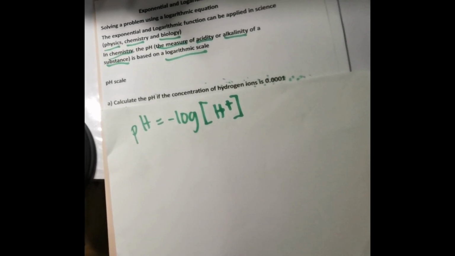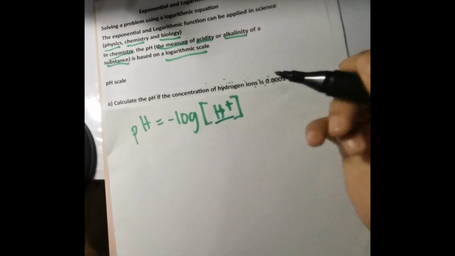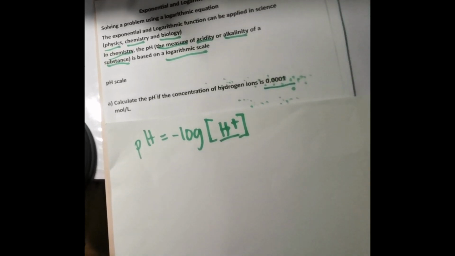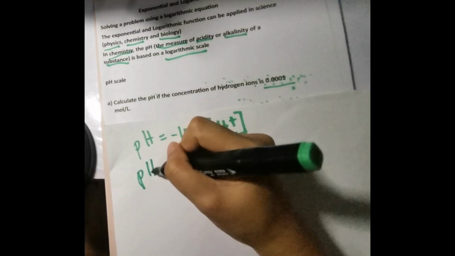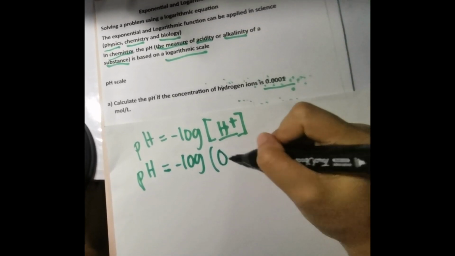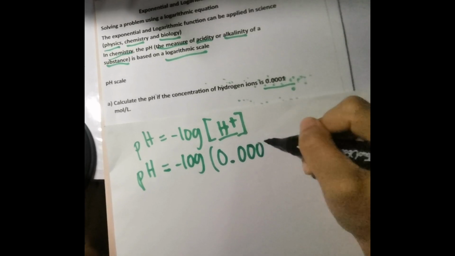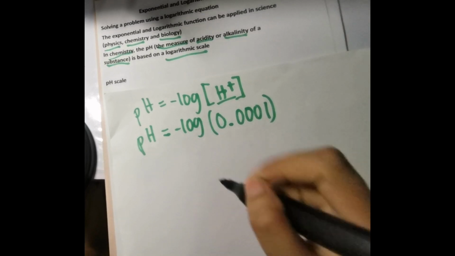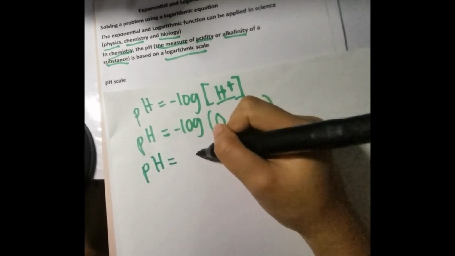The first step is we're going to substitute the value for H plus, which is 0.0001 mole per liter. So we will have pH is equal to negative log of 0.0001. Then evaluate the log and we will have 4. So this is the answer.